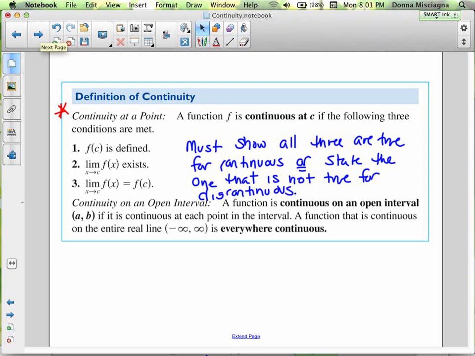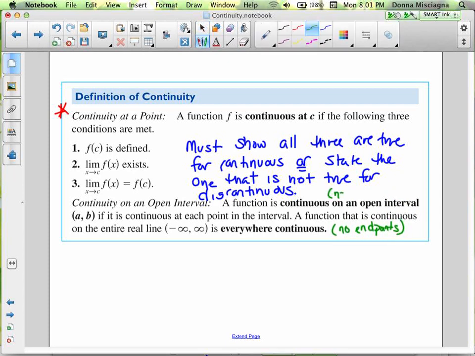So, continuity on an open interval. A function is continuous on an open interval. What does that mean, open interval? No endpoints. We're not going between two values, a and b. Oh, I put it in the wrong spot, sorry. I meant to put that you're not considering the endpoints.